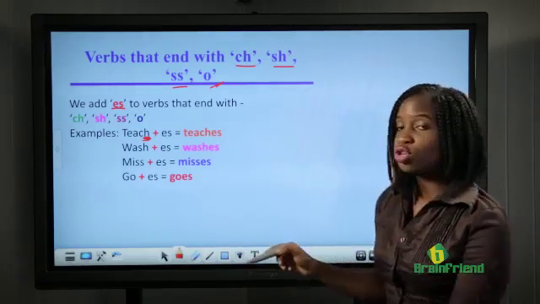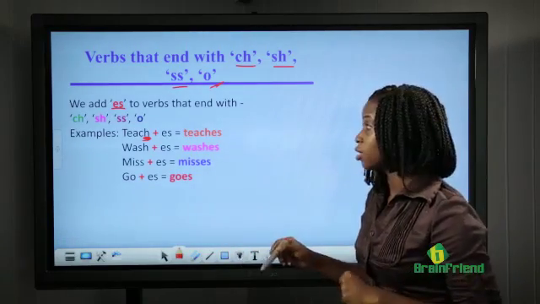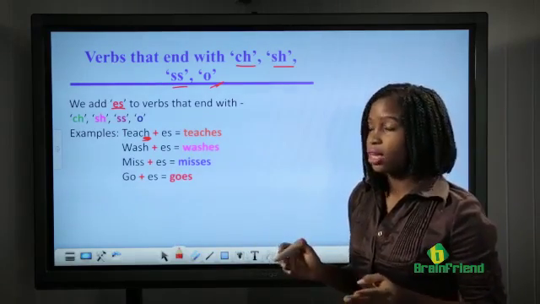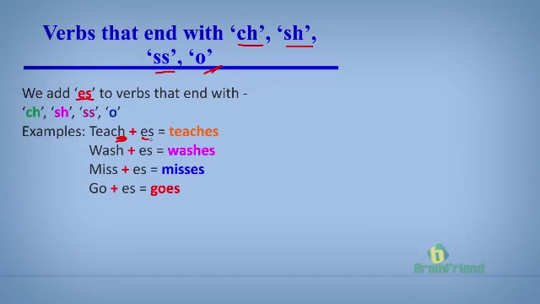So, to talk about someone else in the present tense, we do not just add S this time, we add ES, and it becomes teaches. Wash ends with SH. We add ES, and it becomes washes. Miss ends with double S. We add ES, and it becomes misses. Go ends with an O. We add ES, and it becomes goes.